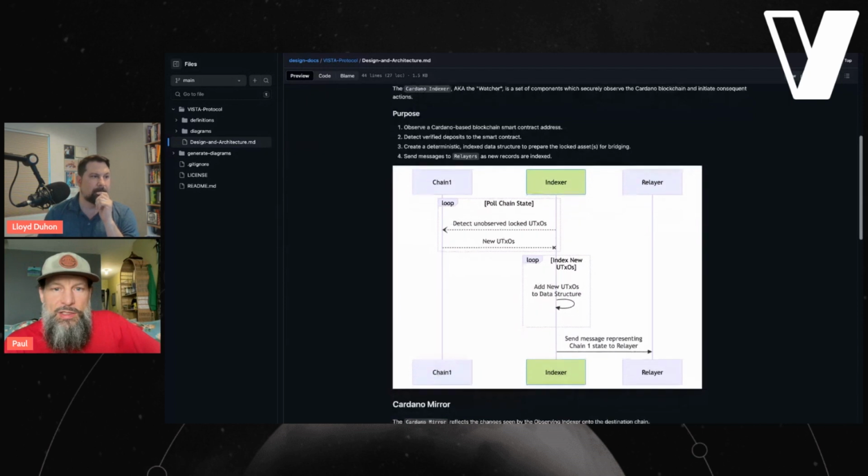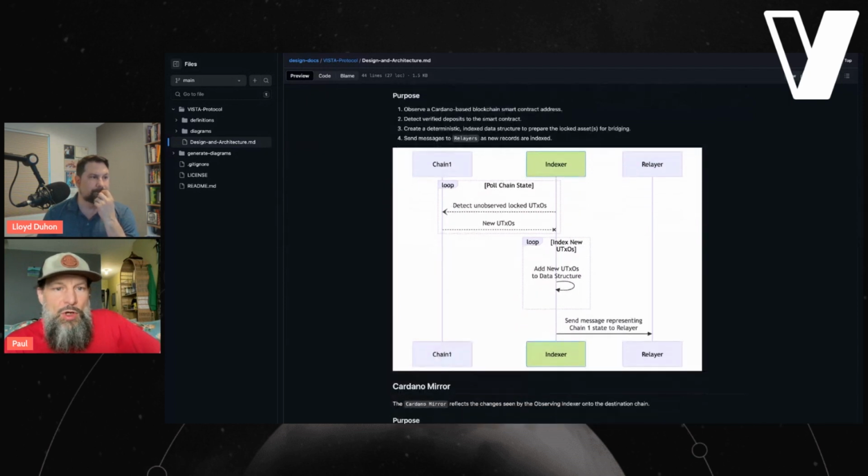Looking at the indexer here, first, of course, it's looking at chain one. It's looking specifically at a script address on chain one. It's looking to detect specifically unobserved UTXOs that have been locked.